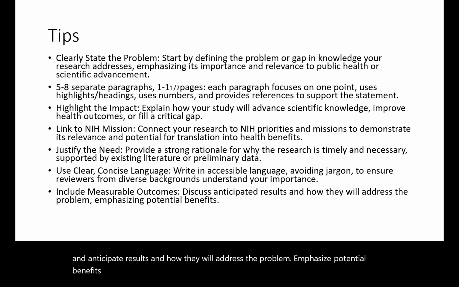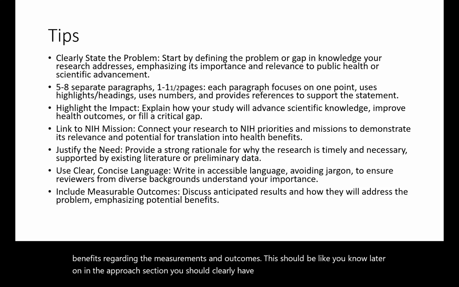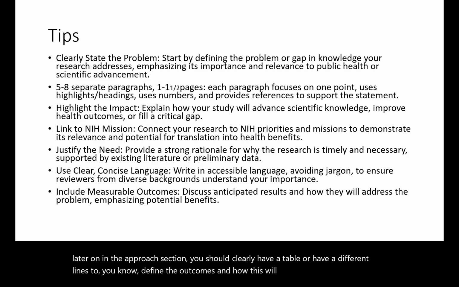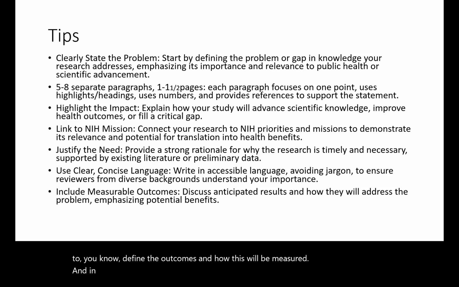Regarding the measurable outcomes, this should be later on in the approach section, where you should clearly have a table or different lines to define the outcomes and how they will be measured. And here, in the significance section, you want to emphasize that you use the measurable outcomes to show how you actually address the problems.